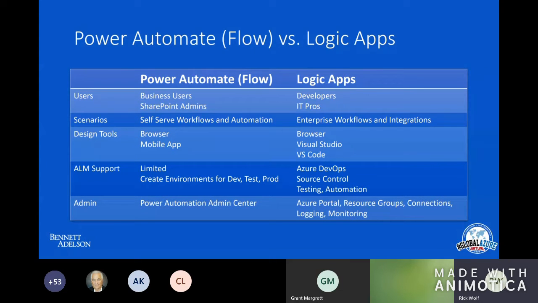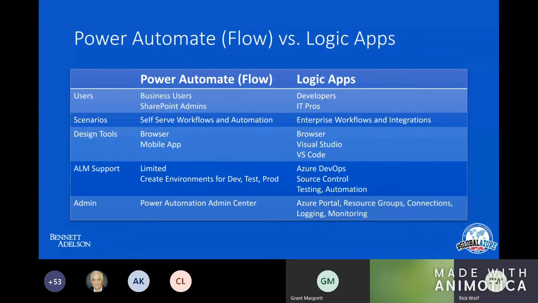For Logic Apps, you're targeted more towards developers or IT pros. Power Automate provides self-service automation and workflows for users. Anyone with a Power Apps license can create their own workflows and automation. For Logic Apps, you're again targeted more towards enterprise workflows and integrations.